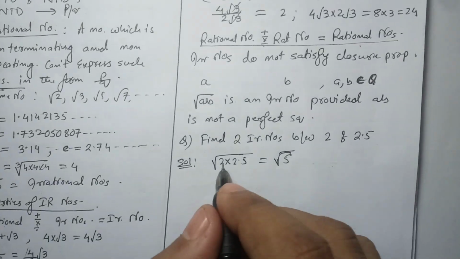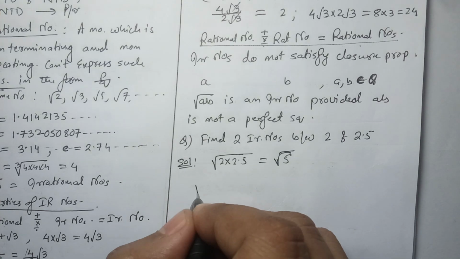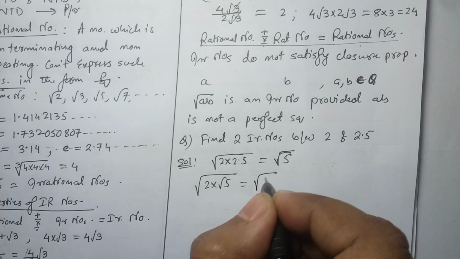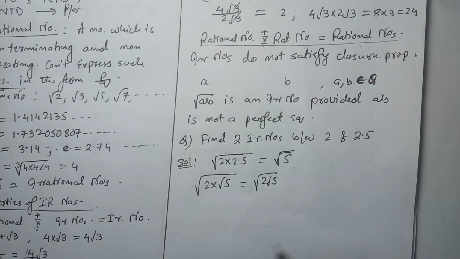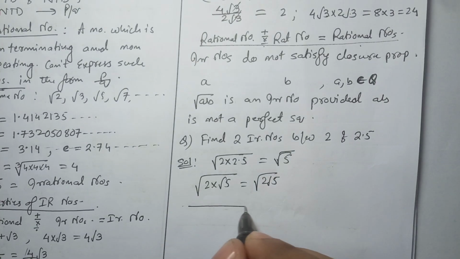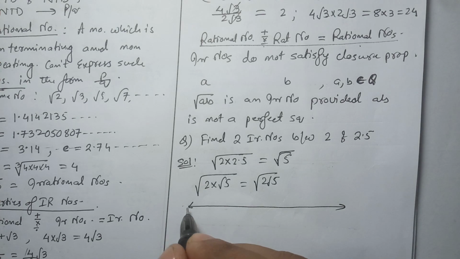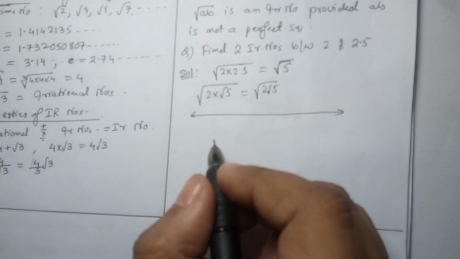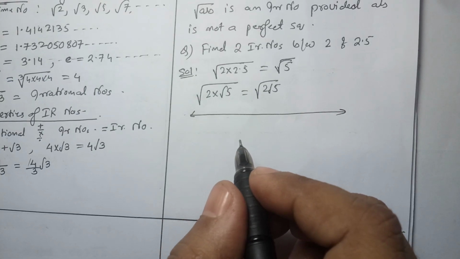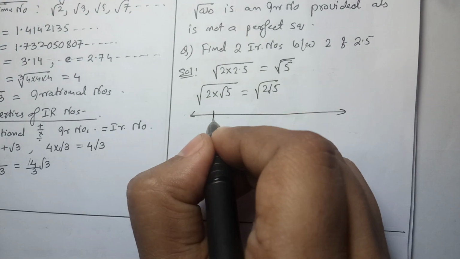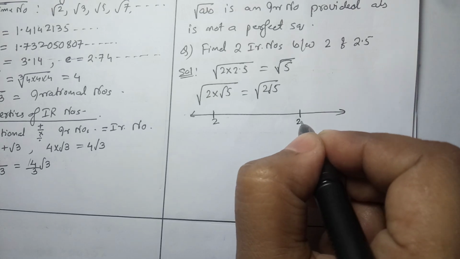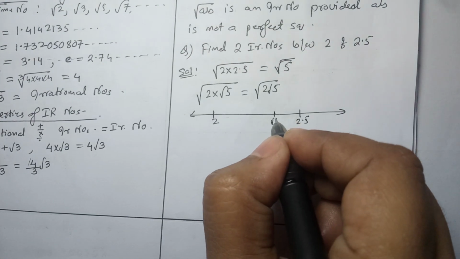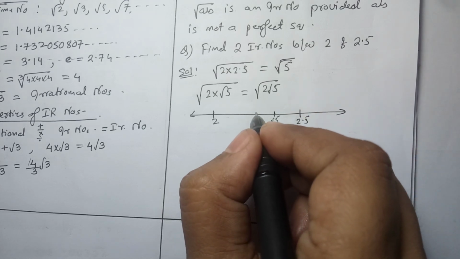And the second one will be root of 2 into root 5, that is root over 2 root 5. If I draw the number line, what will I see? If this is 2 and this is 2.5, then root 5 will be somewhere here, 2 root 5 will be somewhere here.